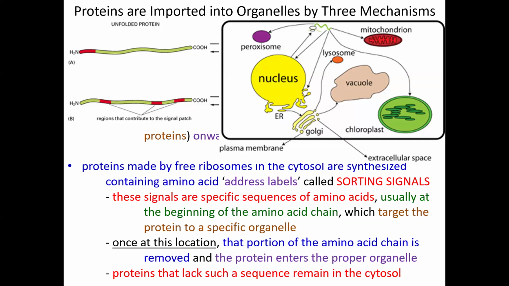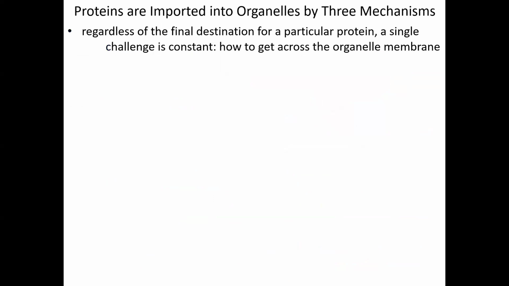Proteins that lack a sorting signal, and there are proteins that are made without one, default into the cytoplasm. So cytoplasmic proteins, proteins that should be made in the cytoplasm, should stay in the cytoplasm and do their job in the cytoplasm, are the only proteins that are made with no sorting signal.